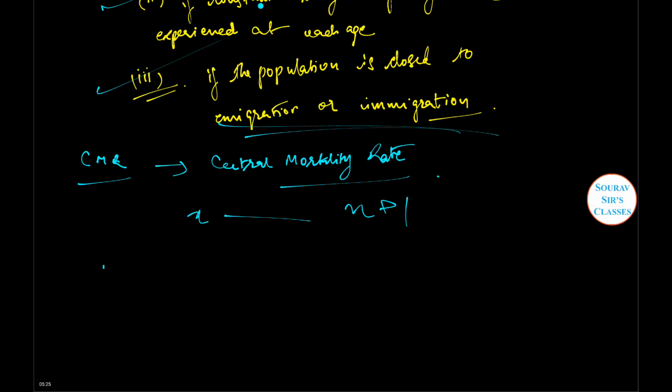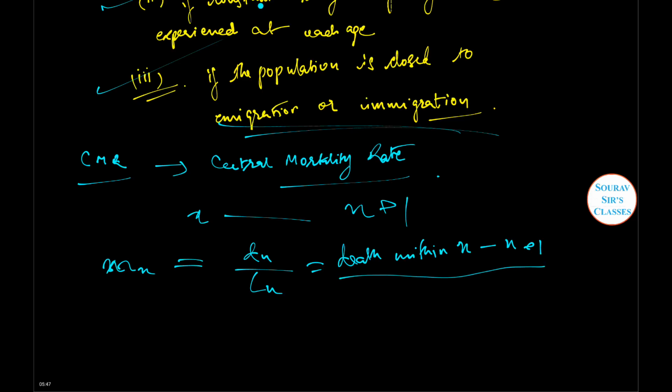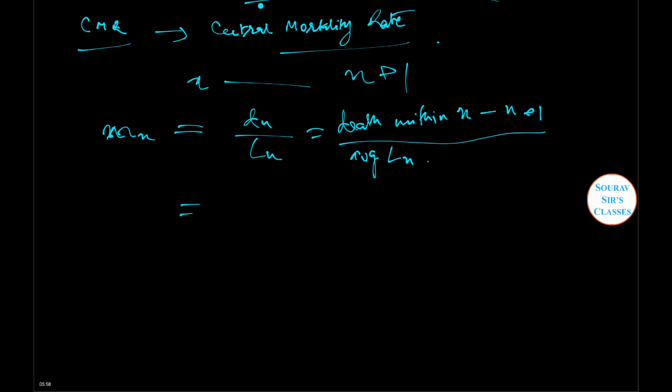It is denoted by mx, which is given by dx by lx, or number of deaths within age interval x to x plus 1 divided by average lx of the cohort in that interval, which can be further equated to dx by lx minus half of dx, which is equal to 2qx divided by 2 minus qx.